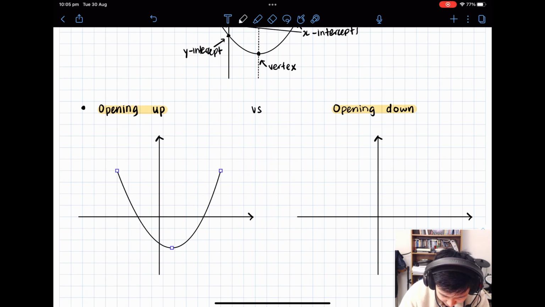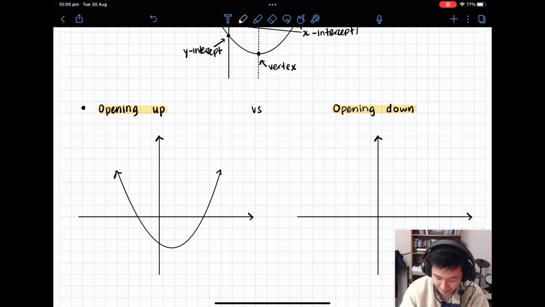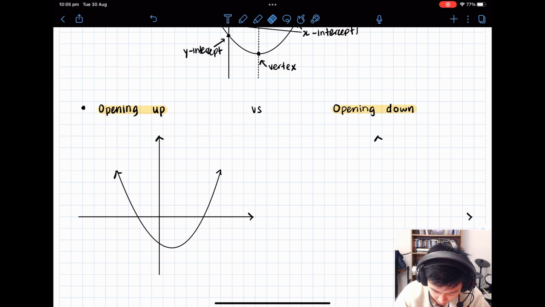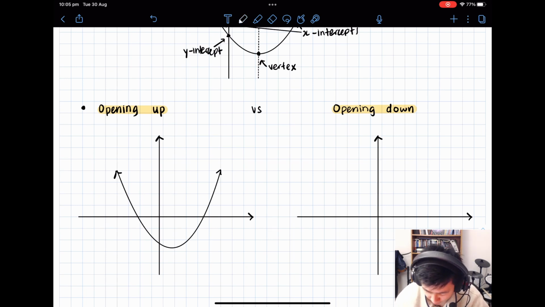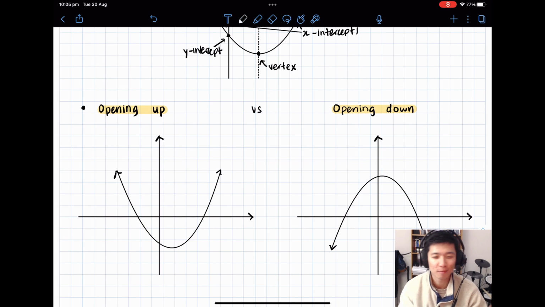They open up to the sky. Whereas some parabolas look like a sad face, so they open downwards. They look something like this. And make sure I draw one that's symmetrical. You'll notice that one's facing up, one's facing down. Parabolas come in these two categories.